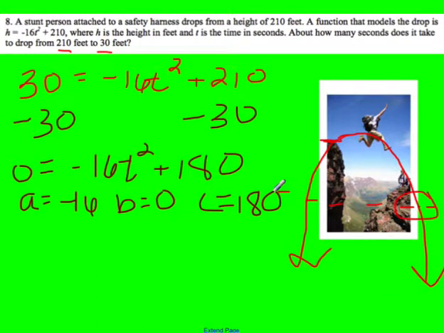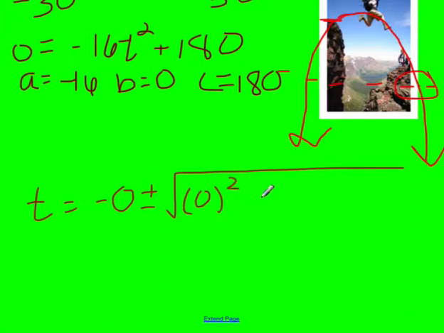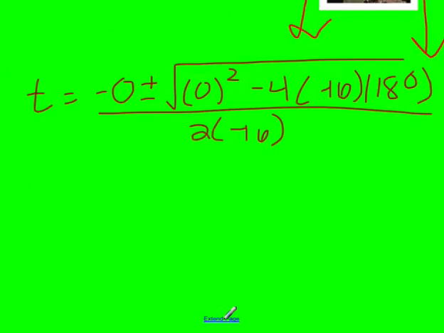So now I can go ahead and plug that into the quadratic formula. So we get t is equal to the opposite of b, which is just 0, plus or minus the square root of 0 squared minus 4 times a times c, all of that over 2 times a. So now, again, I want to simplify just underneath the square root.